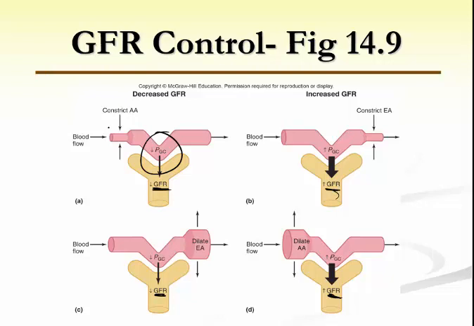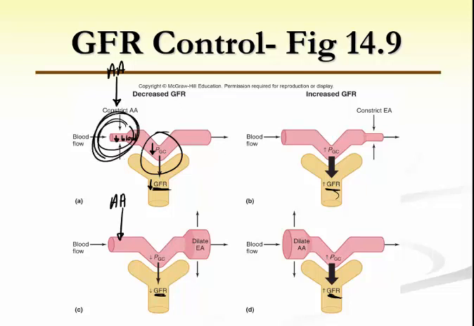We can control what happens at the afferent arteriole leading into the glomerulus. For example, we can constrict the afferent arteriole, which means less blood is entering the glomerulus. And so if less blood is entering, there will be less pressure in the glomerulus, which will decrease glomerular filtration rate.